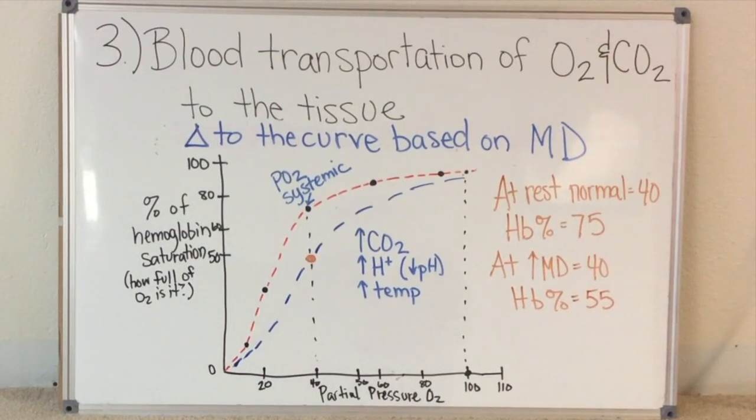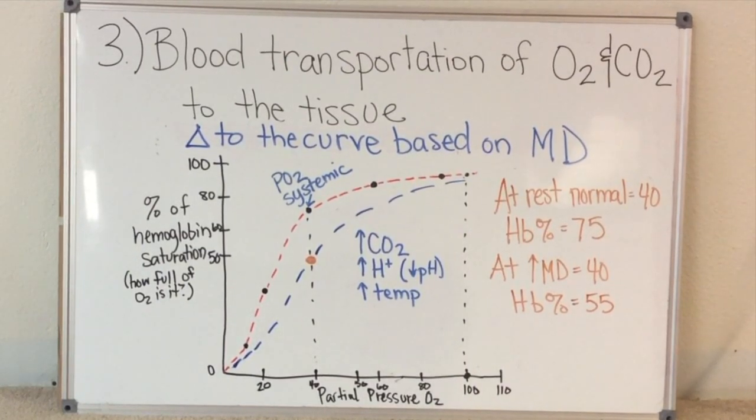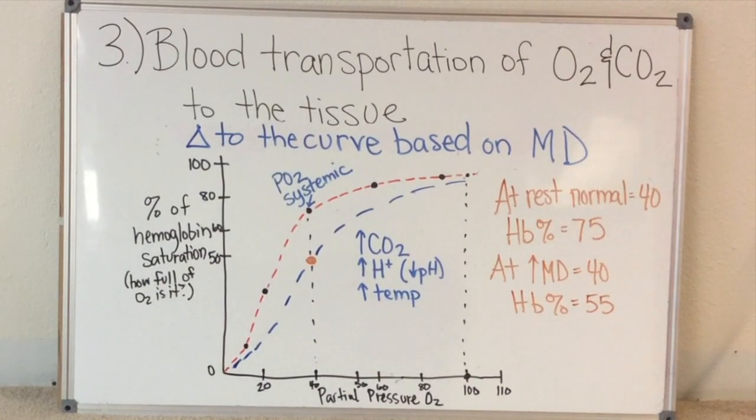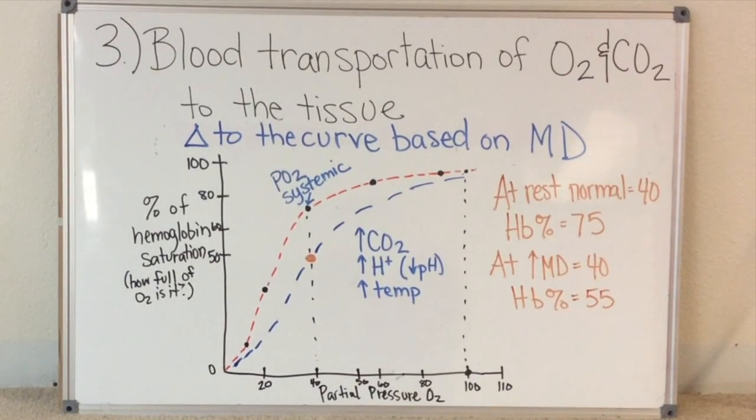So not only is metabolically active tissue going to have a lower partial pressure of oxygen due to the tissue bringing in more oxygen from the plasma, the hemoglobin will also have an increased dissociation from the oxygen and provide an excess of oxygen to the tissue.